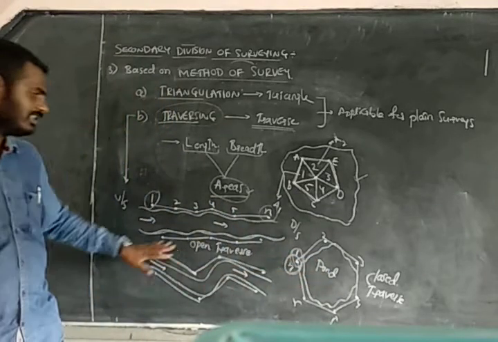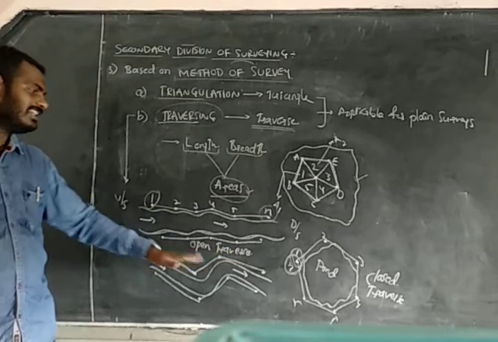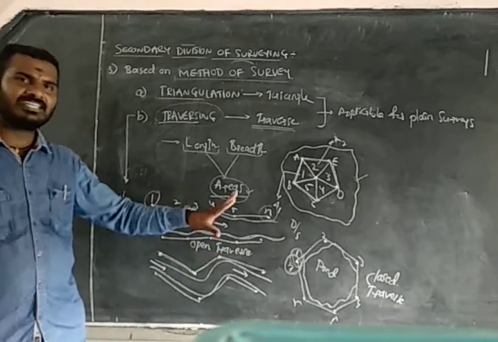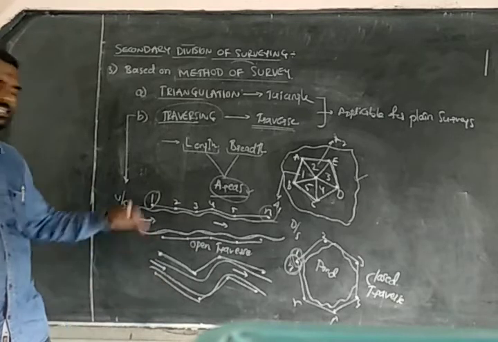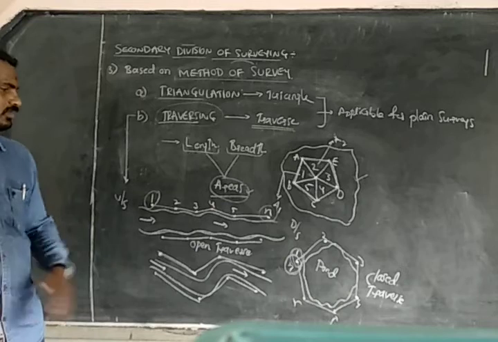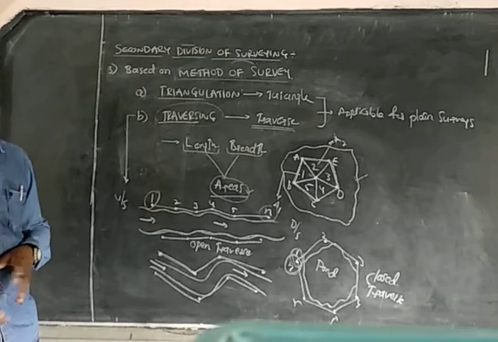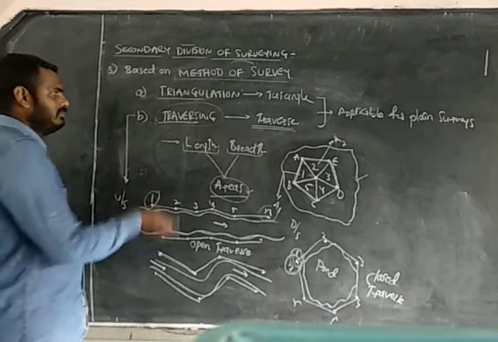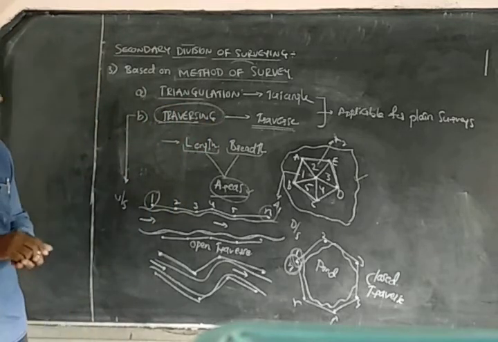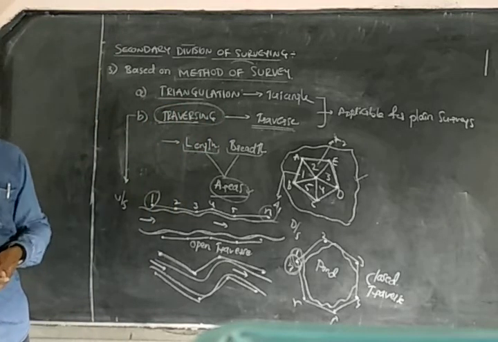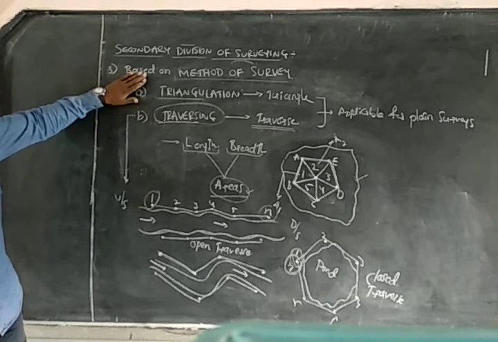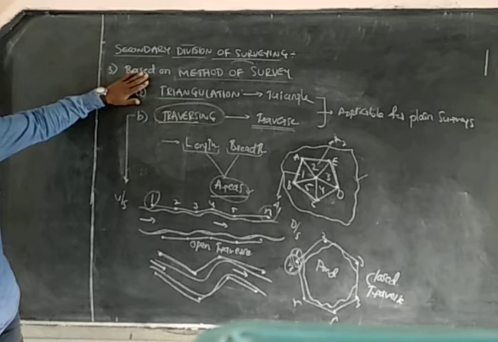And whereas here the open traverse is very important, which is useful to locate especially the path and the direction of a particular stream or of a particular river flow. So this comes under open traverse, right? So this is what is involved in the traversing. So the method that we are adopting in this case is different, and that is limited to calculating the areas and so on the ground level directly, not the water bodies.